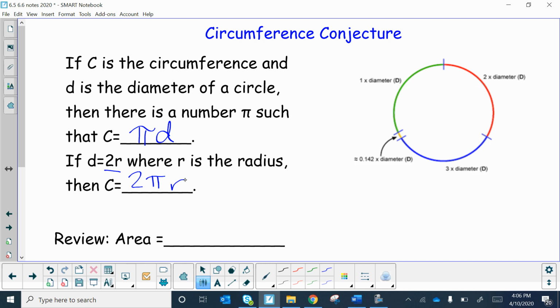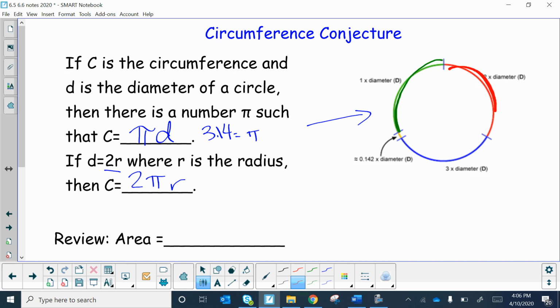Okay, and so if you look at this diagram over here, remember pi is roughly 3.14, right? So if the circumference, which is the length around the circle, is 3.14 times the diameter, you can see over here in green, here's one diameter. Again, you're taking the length of the diameter.